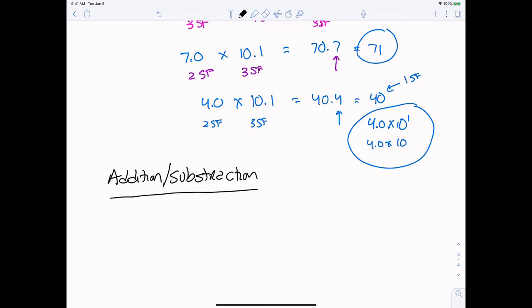But this one isn't actually the number of significant digits. It's the number of digits after the decimal point.